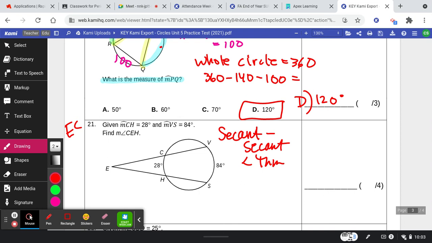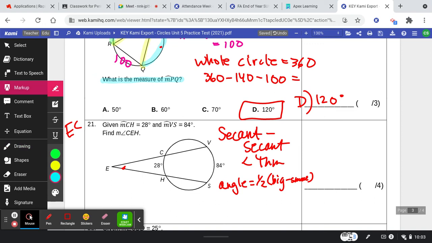Doesn't matter if they go through or they just touch once. What is the rule? It's that the angle is equal to half of the big minus the small arcs. That little angle, this guy right here, is equal to half of the big minus the small. So my big is going to go here. My small is going to go here so I can get my angle.